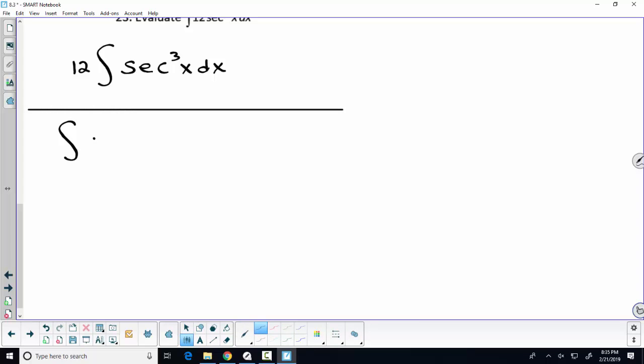So here we're just gonna compute, let's look at the antiderivative of secant cubed as the antiderivative of secant squared times secant.